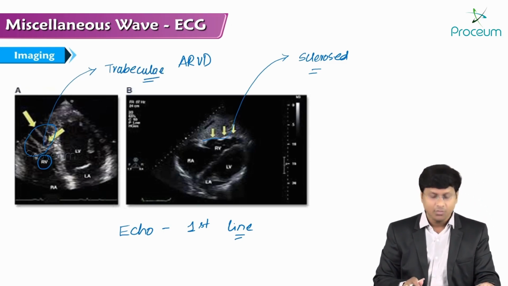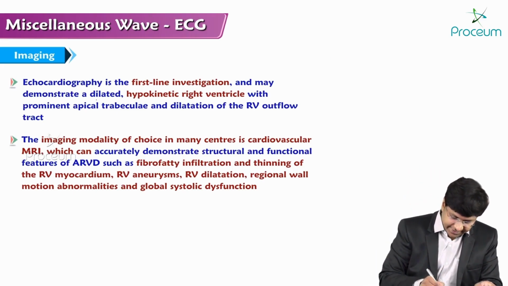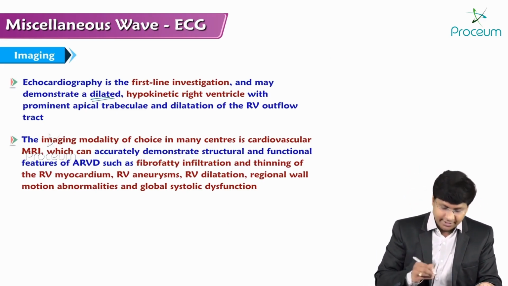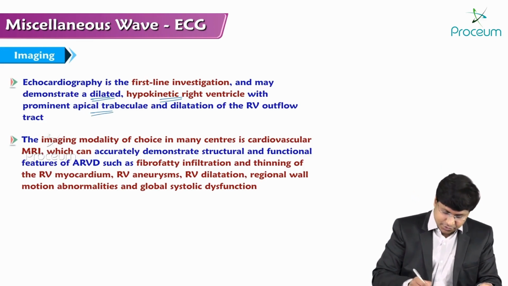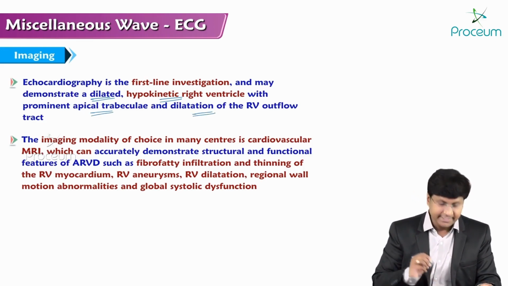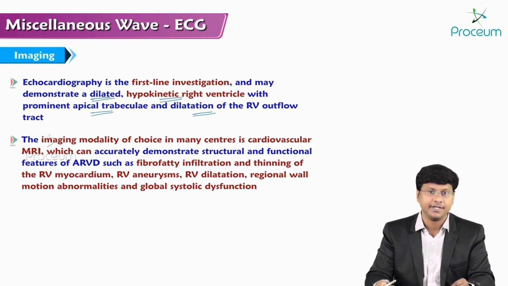And apart from that, what are the other things that should be present? There should be a dilated right ventricle, a hypokinetic right ventricle, prominent apical trabeculae, and dilatation of the right ventricular outflow tract. So these are the echocardiographic findings in ARVD.